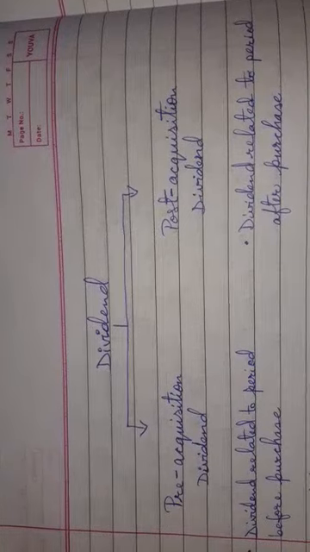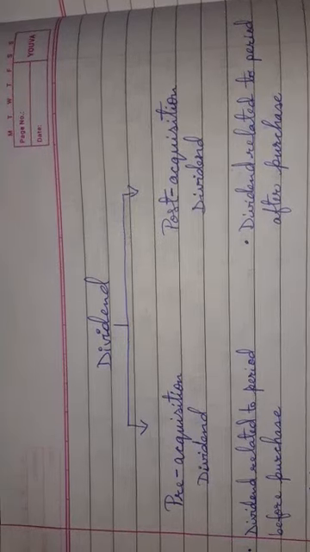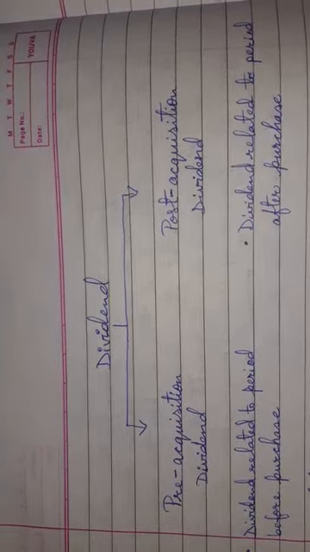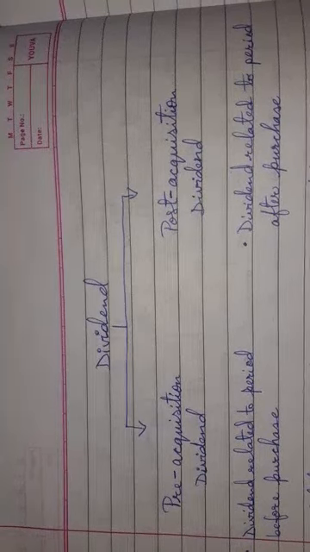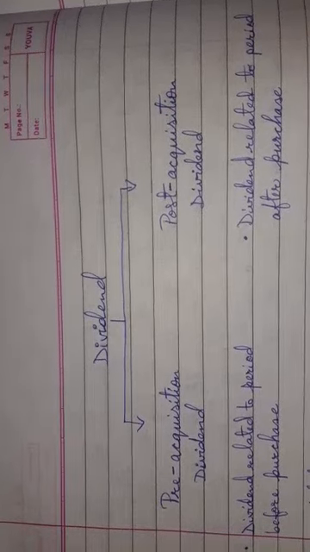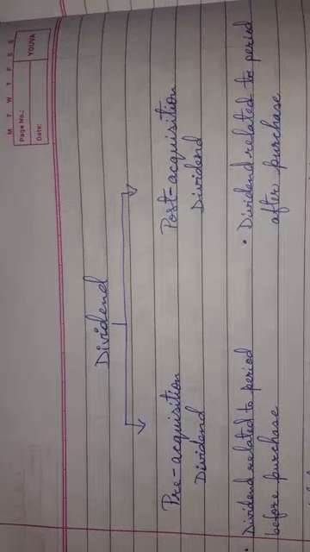Post-acquisition dividend is the dividend that you get after purchasing the shares of the company. Now you will have a better understanding of this part once we are solving the problems.